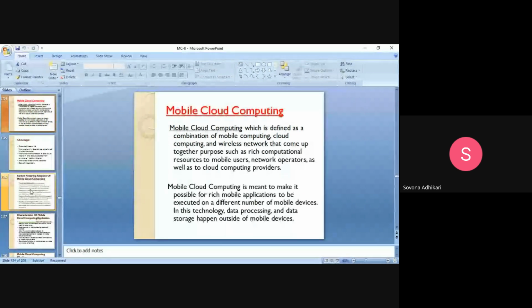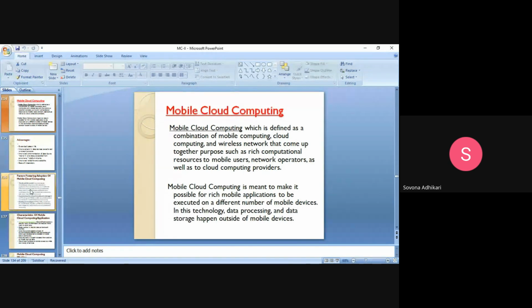You must have heard about cloud computing. There is a cloud where data can be stored and you can access it. So it is a combination of mobile computing, cloud computing, and wireless network. The network is wireless, so altogether it is called mobile cloud computing.